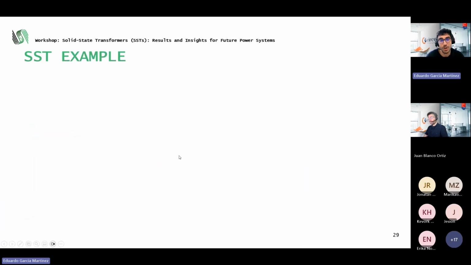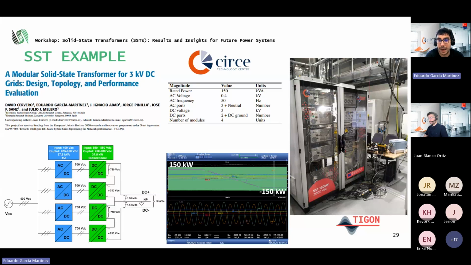As an example of an SST, during this year we have performed the commissioning of an SST in the Taigon project, with a higher TRL than the STAR project.